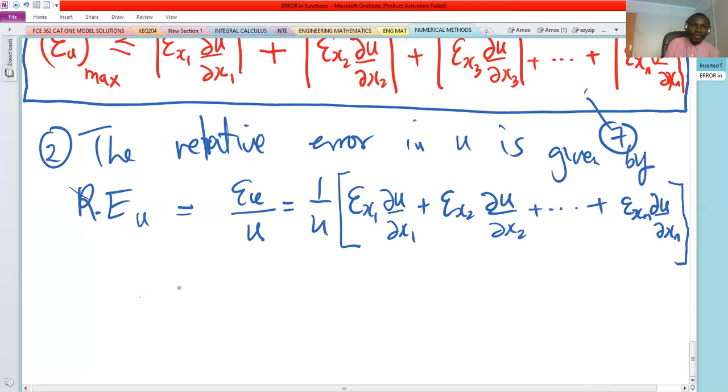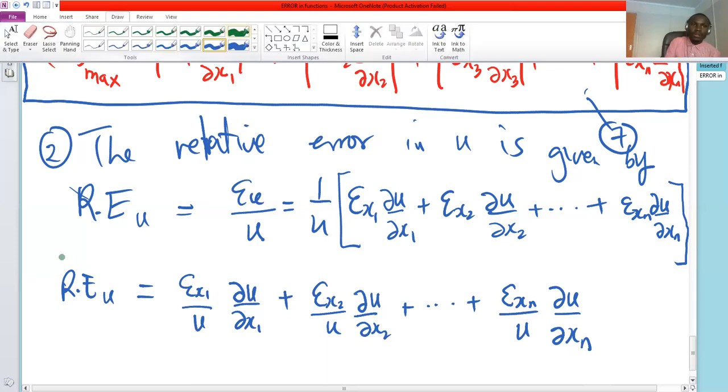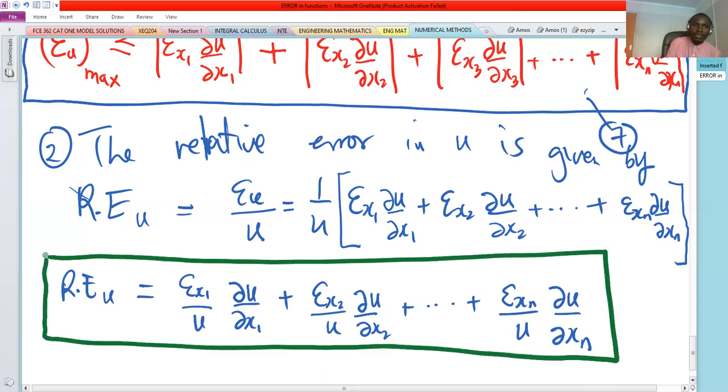This can be simplified to error in x1 over u partial u partial x1 plus error in x2 over u partial u partial x2 plus up to error in xn over u partial u partial xn. So this is the formula for finding the relative error in u, which is a function of several variables.